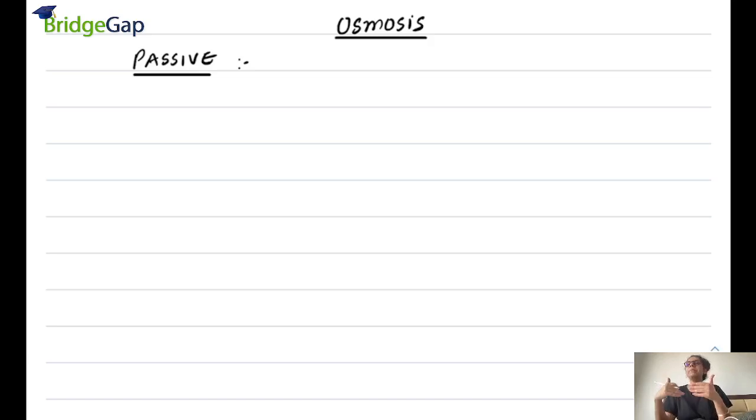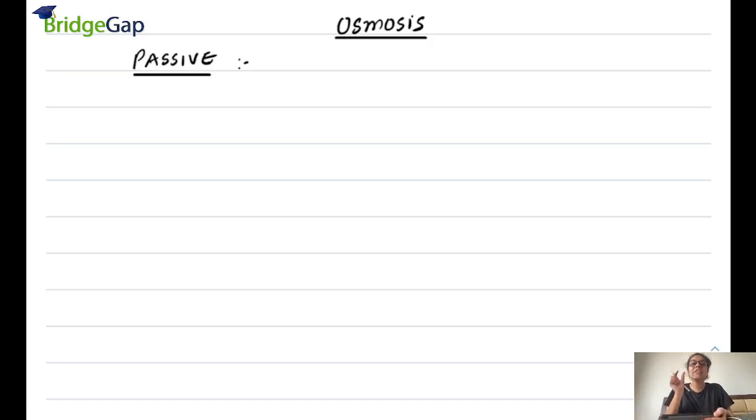For example, if I spray a perfume in one corner of the room, that perfume spreads all over your house, or the incense sticks which your mother lights in the morning, that smell, that aroma, the fragrance goes all over the house. Why? It is because of passive, a type of diffusion, but the process is passive.